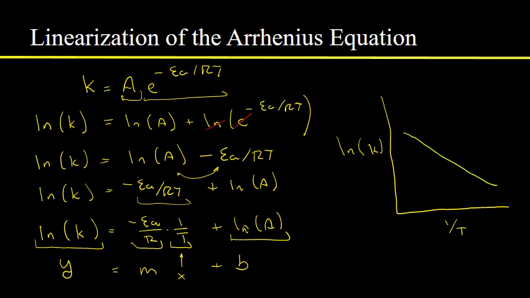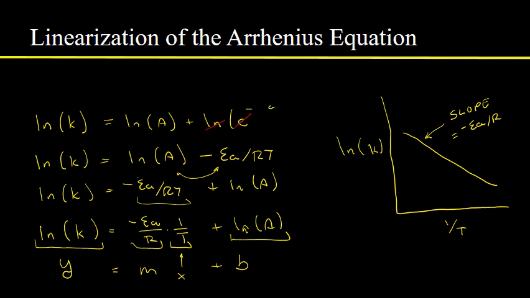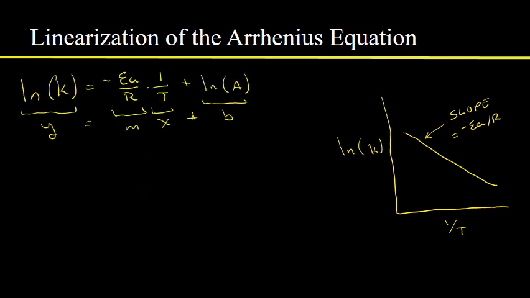So we should get a straight line like that, and see that the slope is equal to negative Ea over R. Right. So I'm going to clear a little bit of space over here. All right. So you can see from this equation that the slope is negative Ea over R.